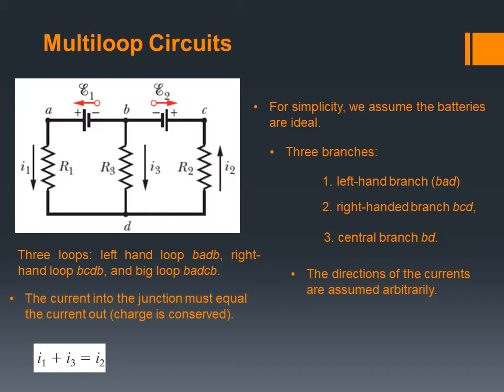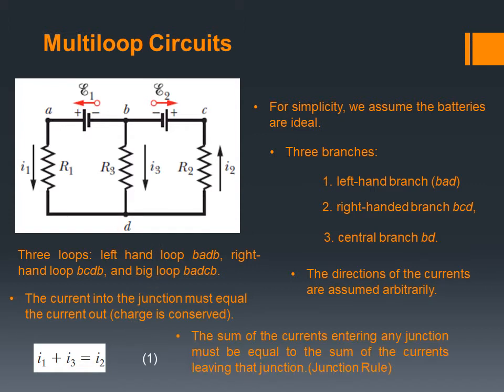So I1 plus I3 is equal to I2, because of charge conservation. So the sum of the currents entering at any junction, this is the junction rule, must be equal to the sum of the currents leaving that junction. We also call it the Kirchhoff junction rule. This is a Kirchhoff law.